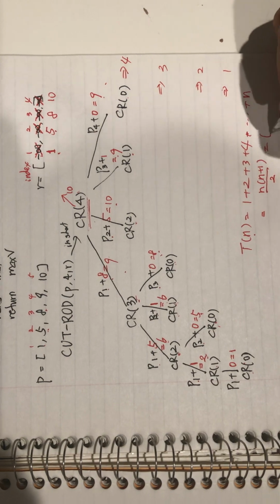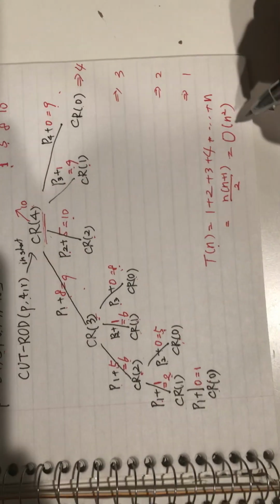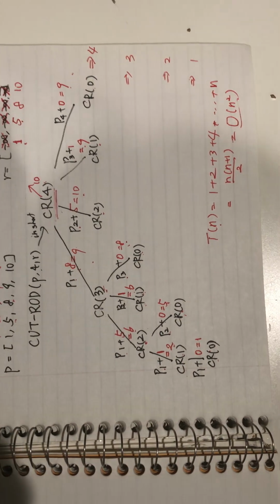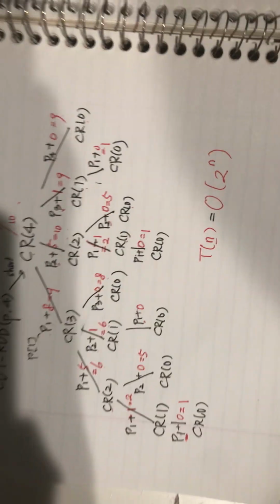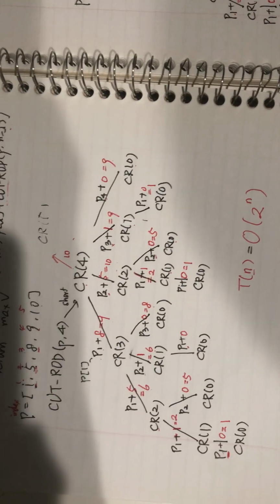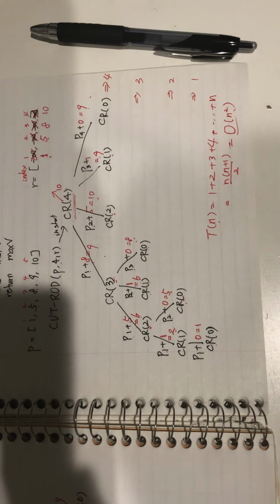This is basically big O of n squared. So this is the time complexity for this improved version using dynamic programming with memoization. And this is the time complexity for the naive recursion version, the exponential function. So you see a lot of improvement.